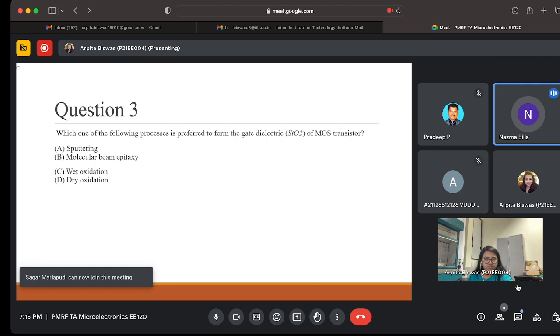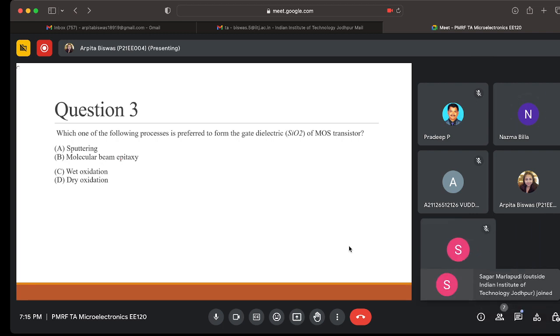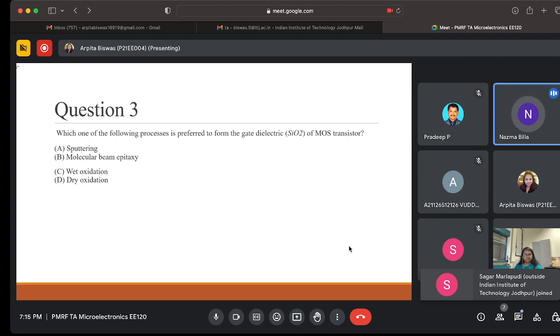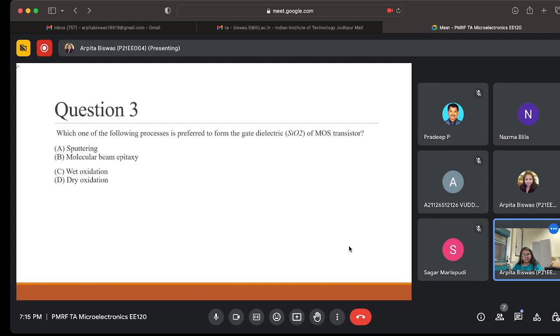Yes, ma'am. Chemical vapor deposition, physical vapor deposition. And what is the difference between physical vapor deposition and chemical vapor deposition? The required chemical will be in vapor state and deposited on the surface, ma'am. And in chemical vapor deposition, in which form do we take the input?